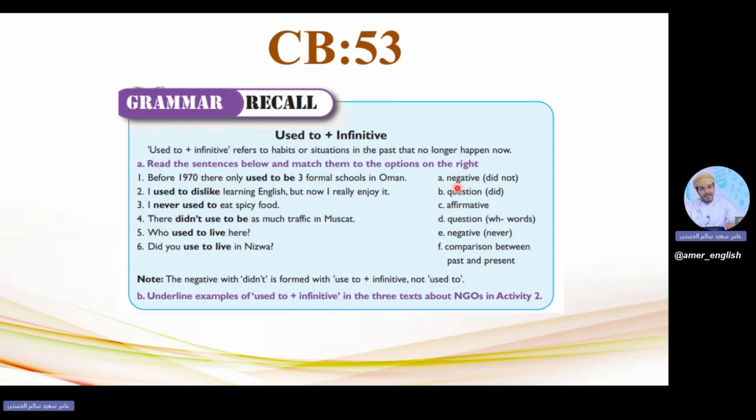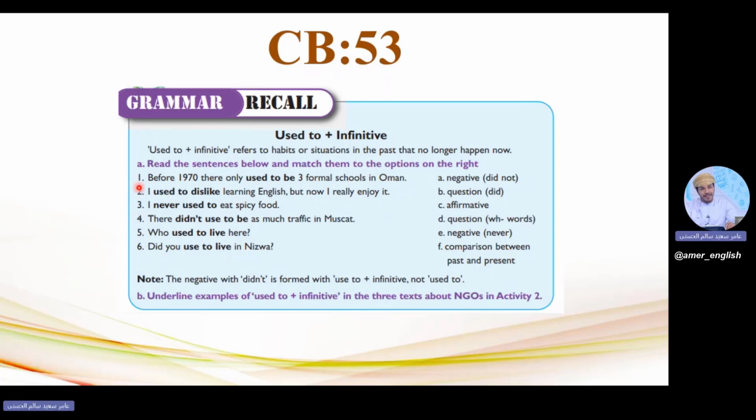For example, we have negative, did not. We have a question, did, and we studied how we form negatives and how we form questions, and also affirmative, like a positive sentence without negative, and also a question that has WH words, and also negative that has never, and also F, which has comparison between past and the present.